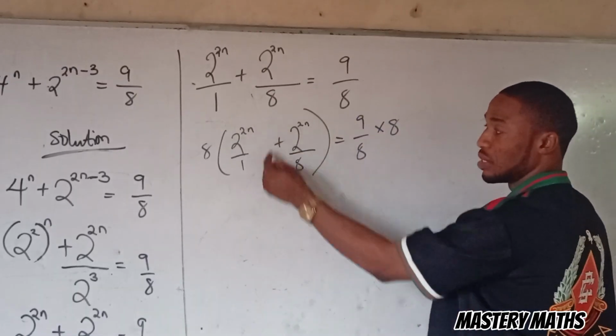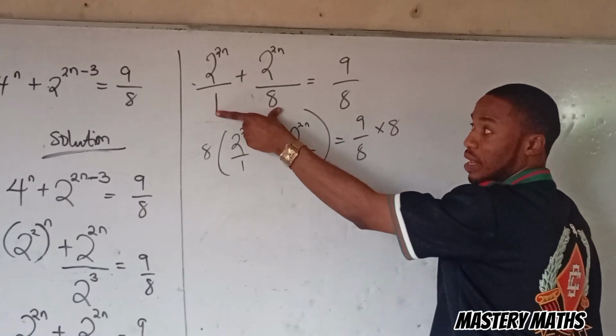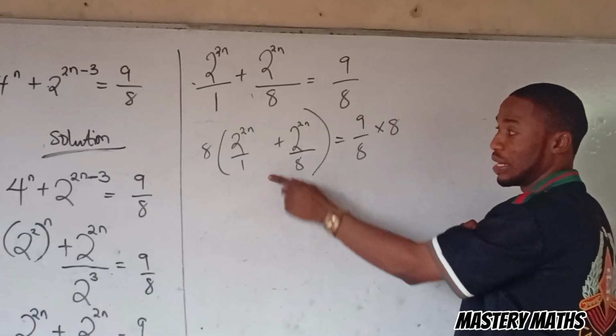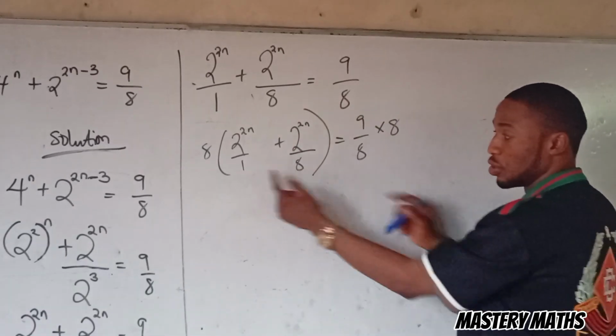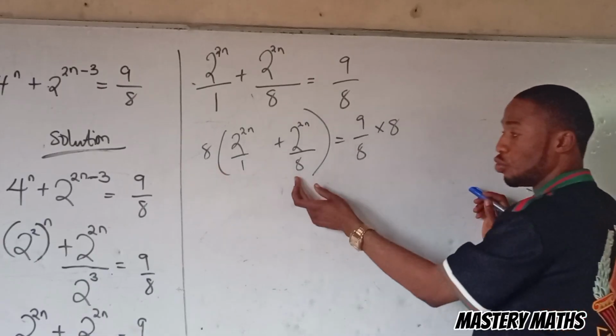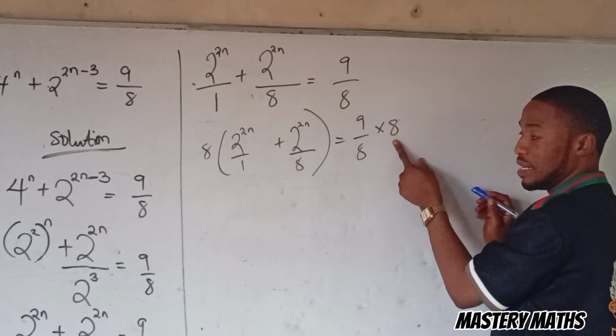Remember, I opened the bracket because both of them are together. We don't separate them. So we multiply all through using the LCM.